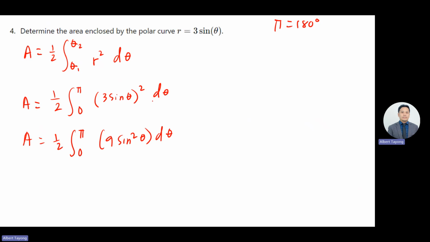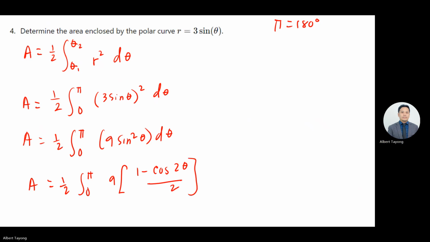Okay, so the next thing we're going to do is, of course, put our 9 outside. Then sine squared theta, that is 1 minus cosine 2 theta over 2, d theta.